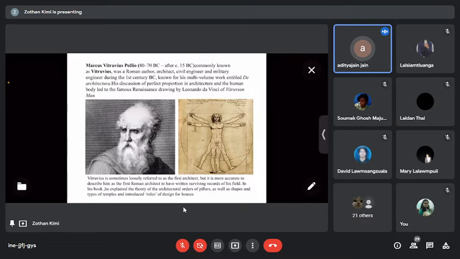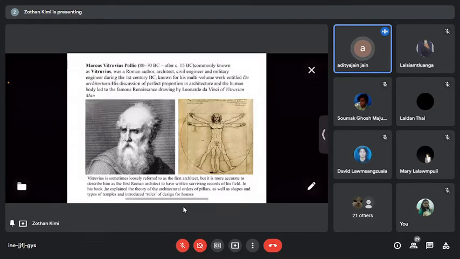Vitruvius is sometimes loosely referred to as the first architect, but it is more accurate to describe him as the first Roman architect to have written surviving records of his fame. In his book, he explained the theory of architectural order of pillars as well as the shapes and the types of temples and introduced rules of design for houses.